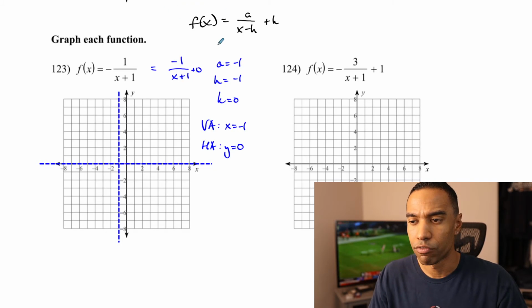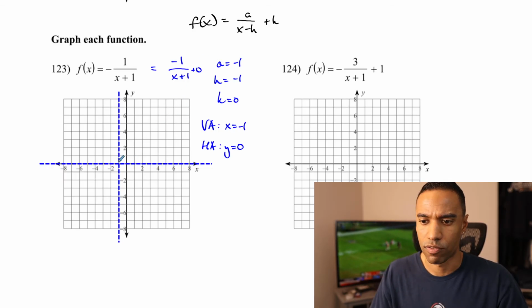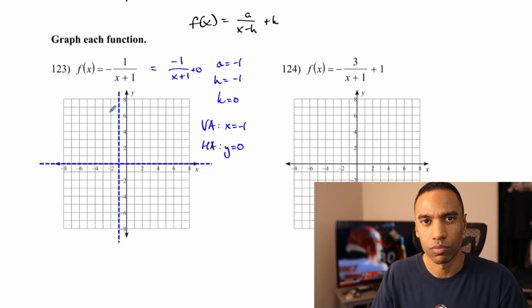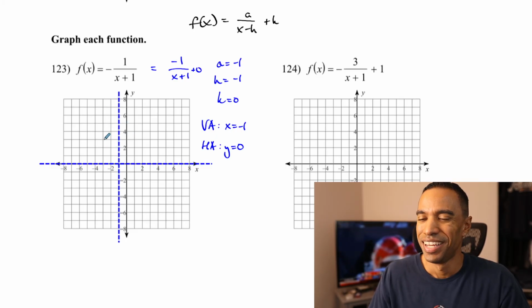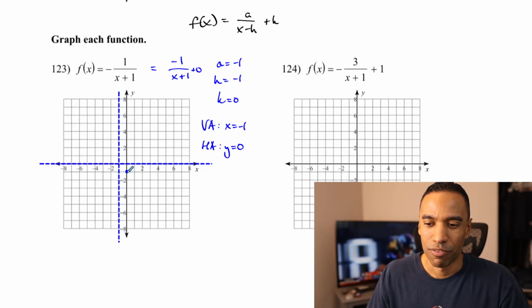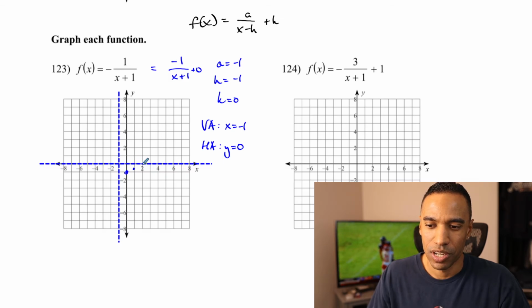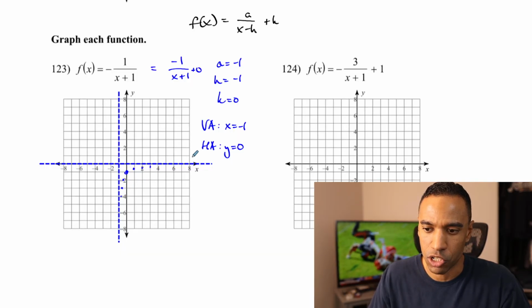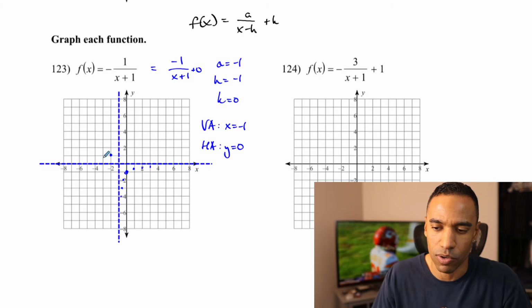Whew. -1 stretch factor. So -1 divided by 1 is -1. -1 divided by 2 is -1/2, etc. A third, a quarter. I don't really like them too much when they're ones because all you have are fractions the rest of the way. Basically, it skinnies up in that direction.